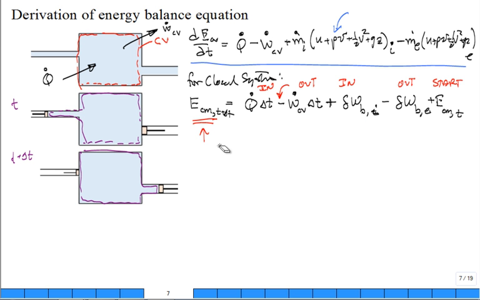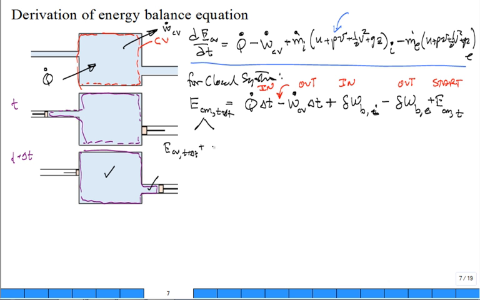There's a number of ways to write it out, but let's write it out now. All right, what about the energy in the control mass at time t plus delta t? That's going to be the combination of this part and that part. So we'll bust it into the energy in the control volume at t plus delta t plus the energy associated with the mass that went out.